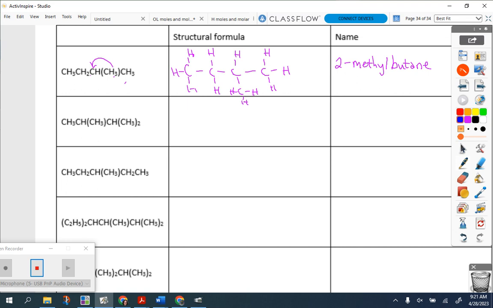And honestly, you could number them 1, 2, 3, 4 with a methyl group, or you could make this the one and this the methyl group. Either way, it doesn't matter in this case. So you could name this carbon 1, and this would be the methyl group. In both cases, it's still the methyl group coming off of carbon 2. Okay.